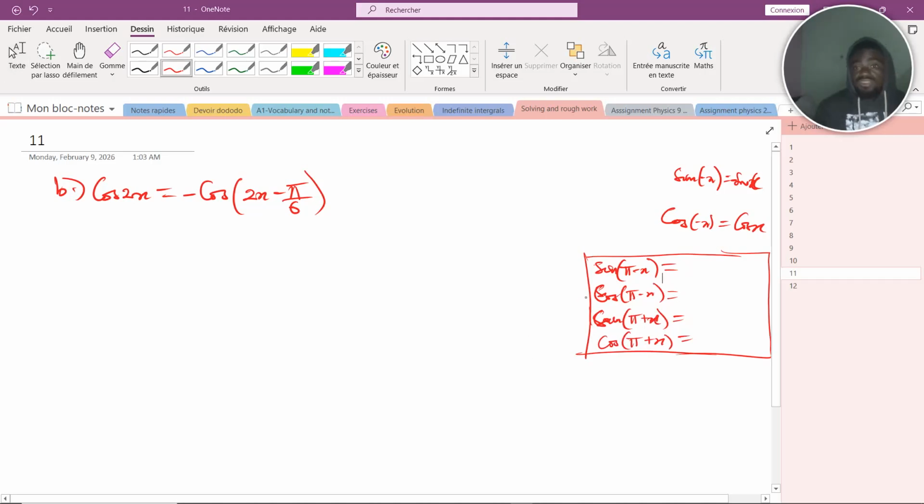You can develop this using expansion formulas, but it's very easy to know this.